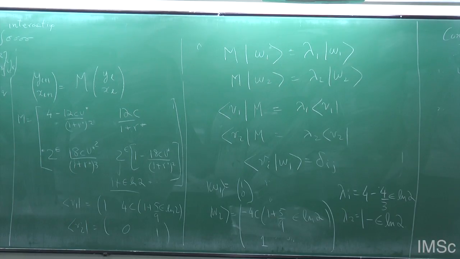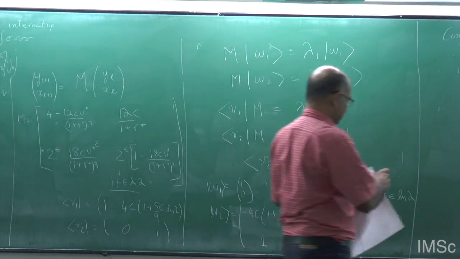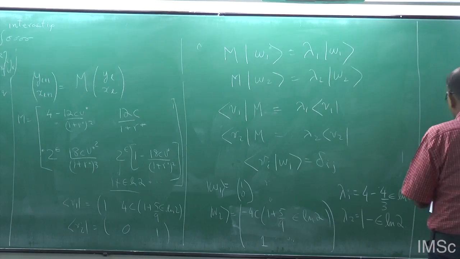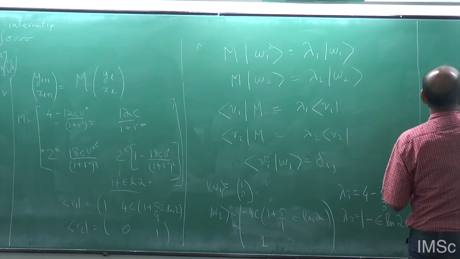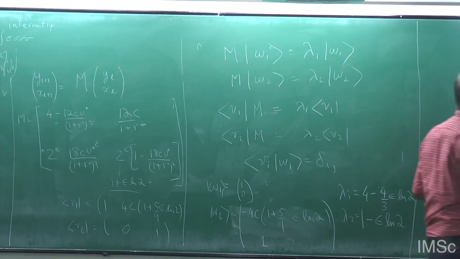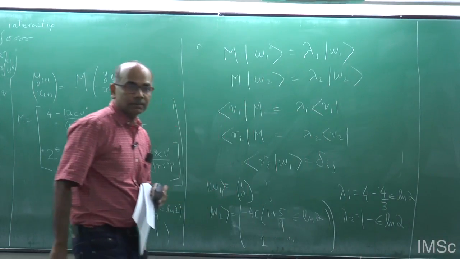So in this bracket notation, you can write down the matrix. So you can write the matrix M as lambda 1, okay.